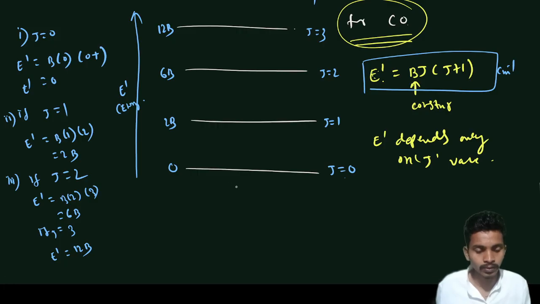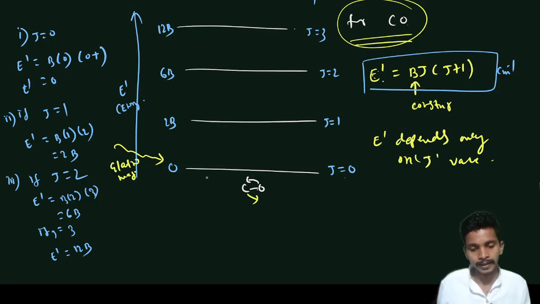So if any molecule, let's say CO, is rotating here, then whenever you give electromagnetic radiation to it, it is rotating with some frequency, and the electromagnetic radiation has its own frequency.